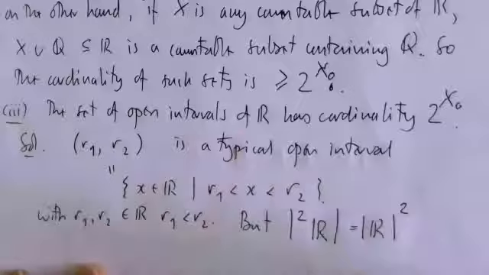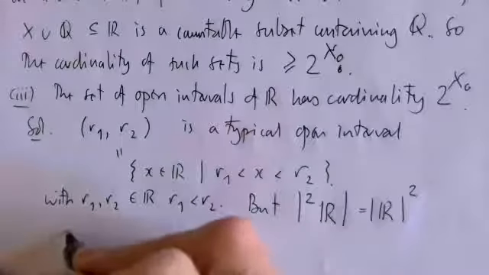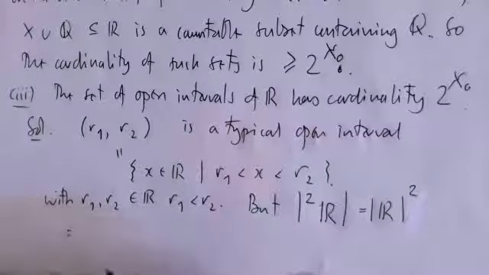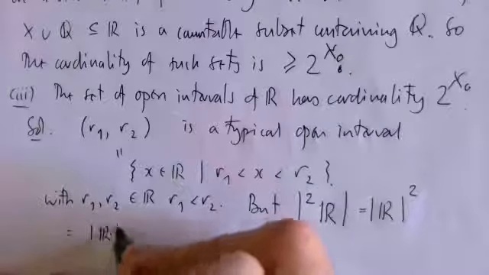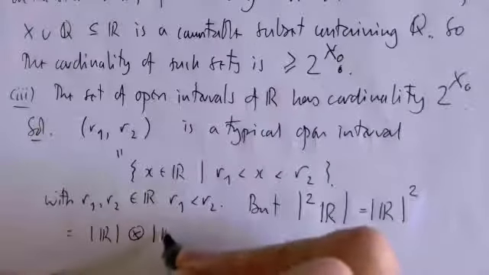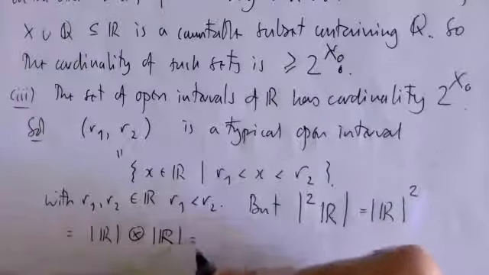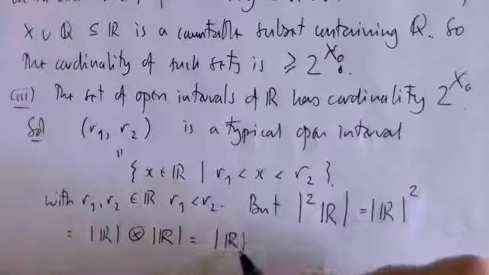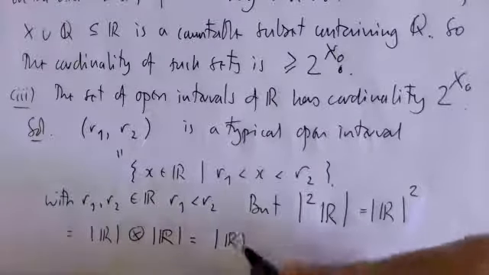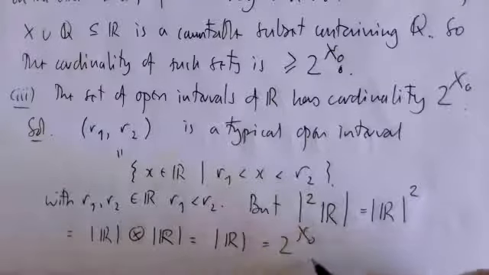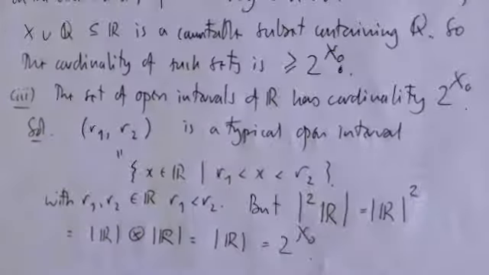Cardinality of R squared. And now it's just a little bit of, again, cardinal arithmetic: cardinality of R times the cardinality of R is just the cardinality of R. Two cardinals multiplied by themselves, and this is 2 to the Aleph 0. So that finishes this.